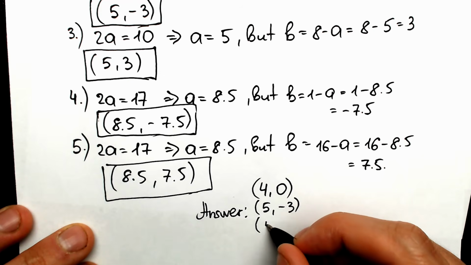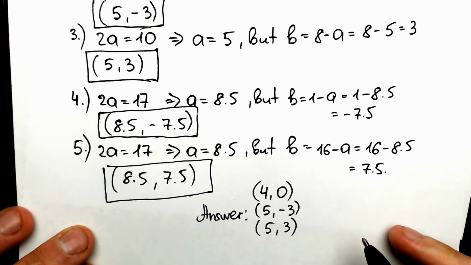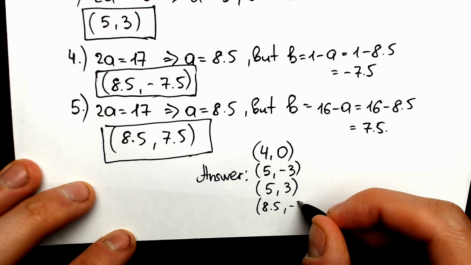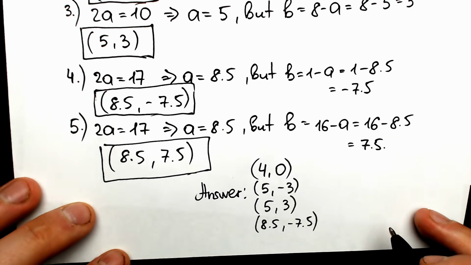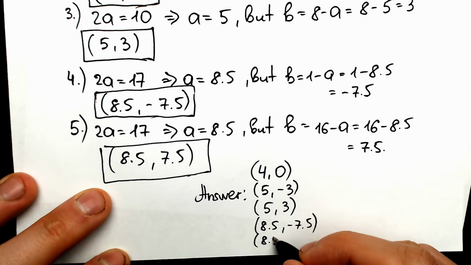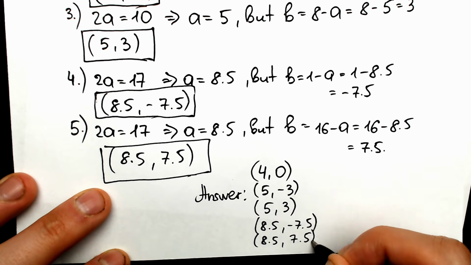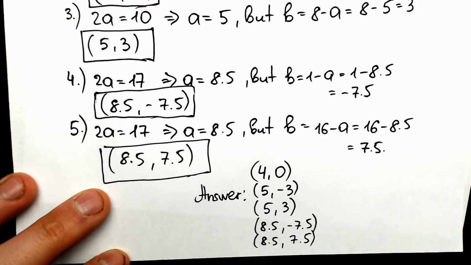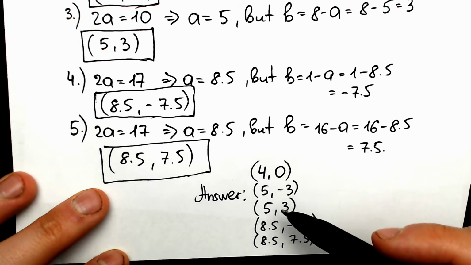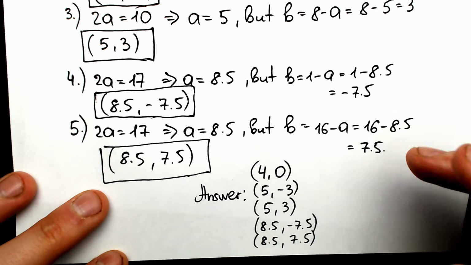We have 5, 3. This is our third pair. Fourth pair, 8.5 and minus 7.5. And our last pair, we have 8.5 and 7.5. So these pairs we solve according to a positive branch.